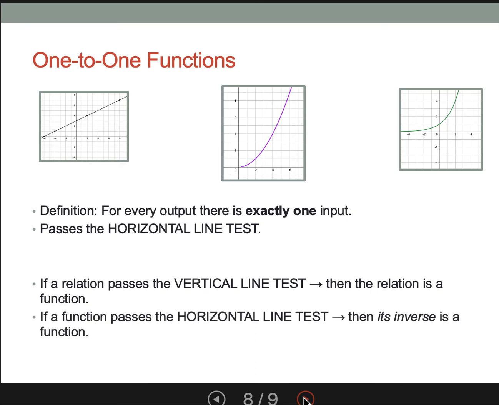If a function passes the horizontal line test, then its inverse is a function. So these ones pass the horizontal line test, because when you draw a vertical line through them, they're functions, and a horizontal line only hits once as well, so that means their inverses will be functions. Okay, so let's summarize what we've learned up to now.